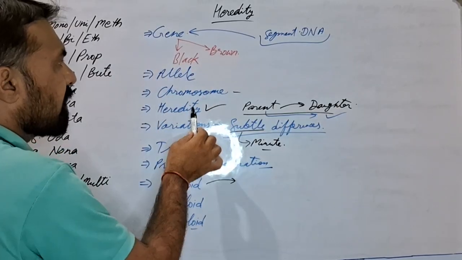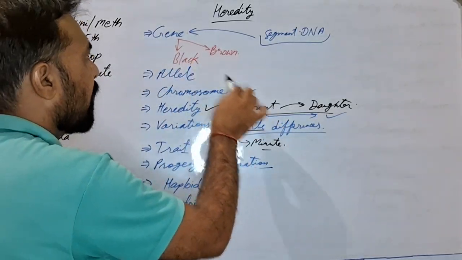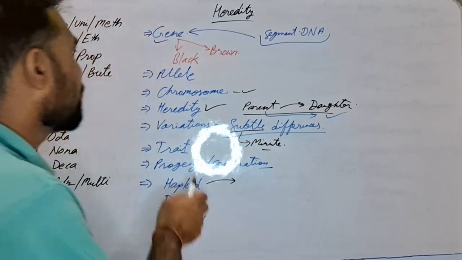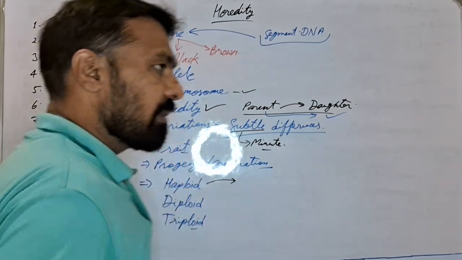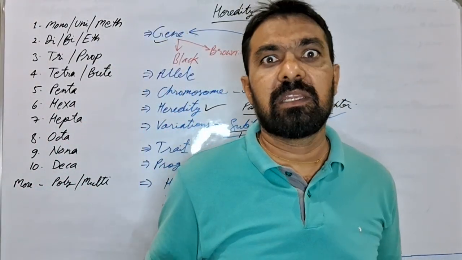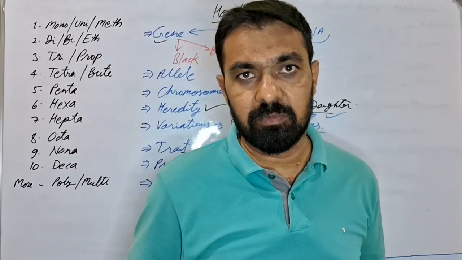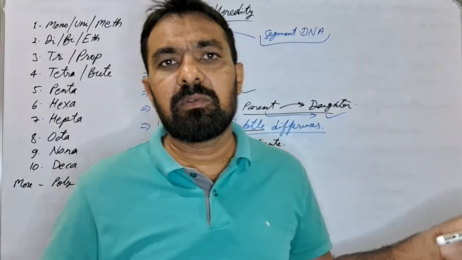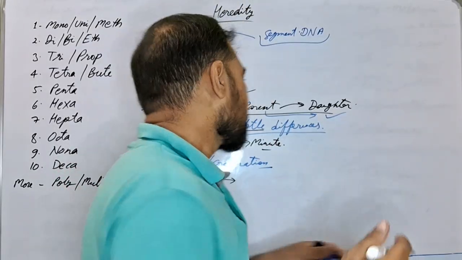As we have already discussed, chromosomes are formed by several genes. The number of genes is much higher in an organism than the number of chromosomes. It means in a chromosome, a large number of genes are present.